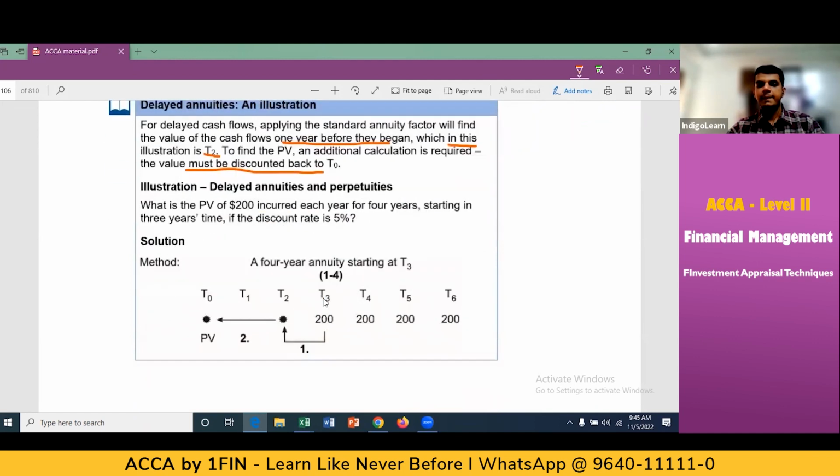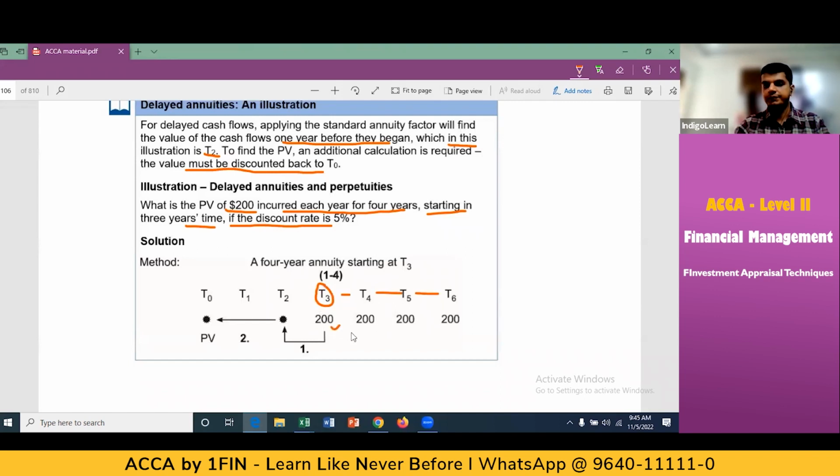So if I see this example: what is the PV of $200 incurred each year for 4 years, starting in 3 years time, if the discount rate is 5%? So after 3 years, it will start and continue for 4 years.